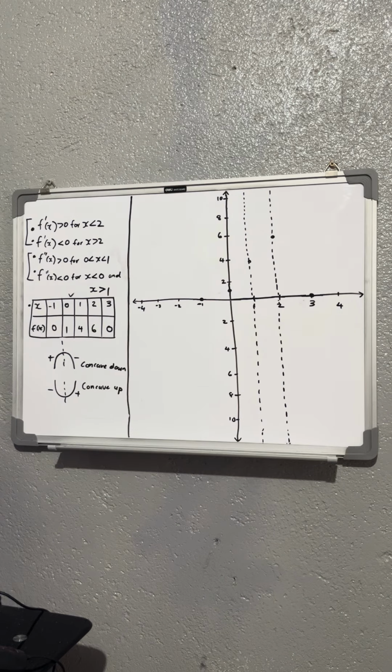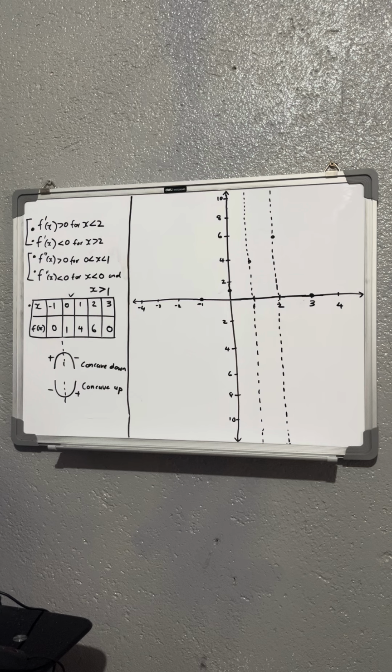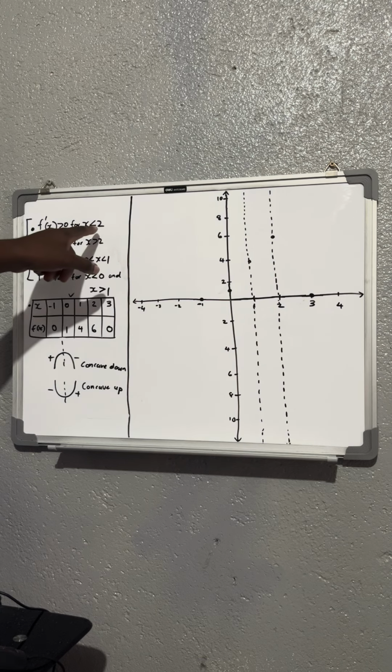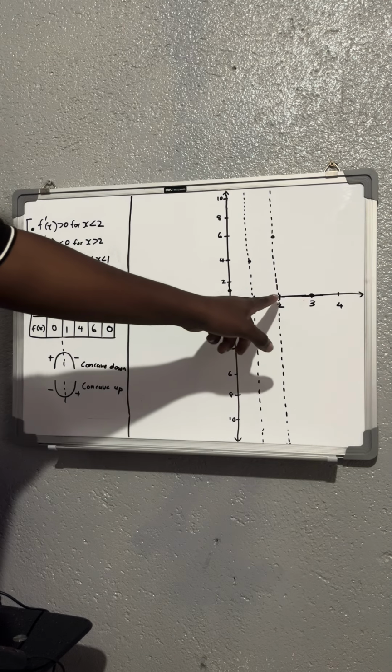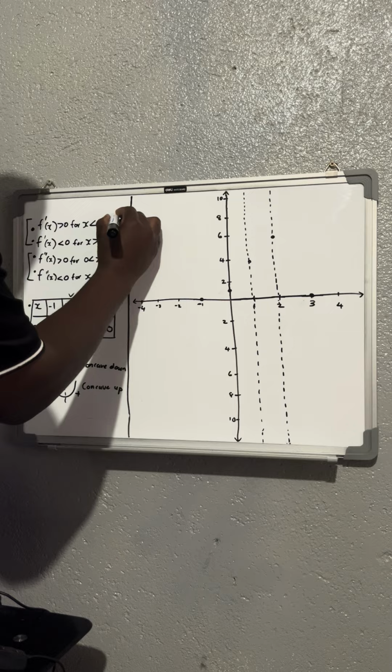So I will know what is happening here, here, and here. In this instance, now I know that x being less than 2, which is from here going there, it's going to be increasing. Or I can just write it as positive.